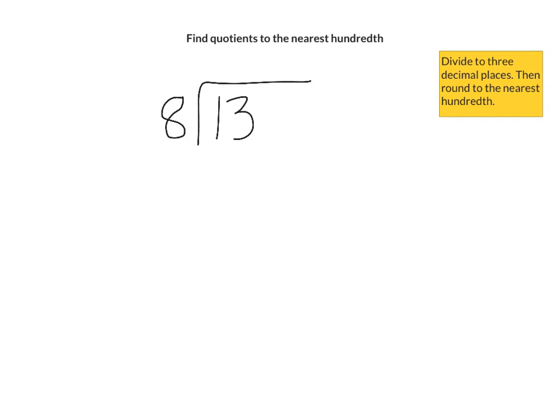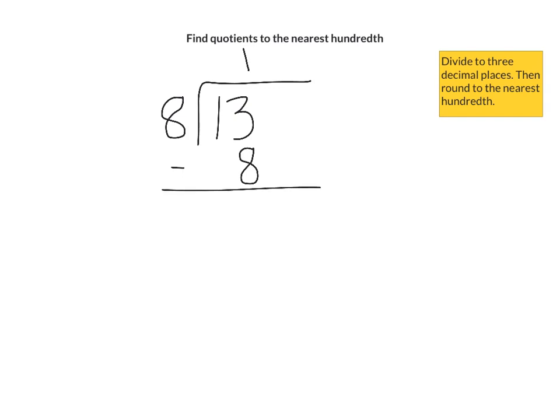For our last example, we're going to be finding quotients to the nearest hundredth. So since we're finding it to the nearest hundredth, this time we're going to divide to 3 decimal places instead of 2, and then we're going to round that to the nearest hundredth. So we'll start by dividing our 1, so we have 13 ones divided by 8, which is equal to 1. 1 times 8 is equal to 8.